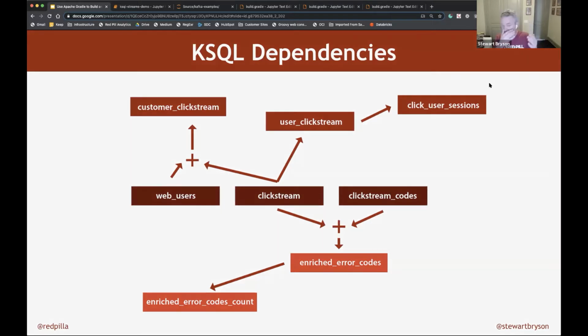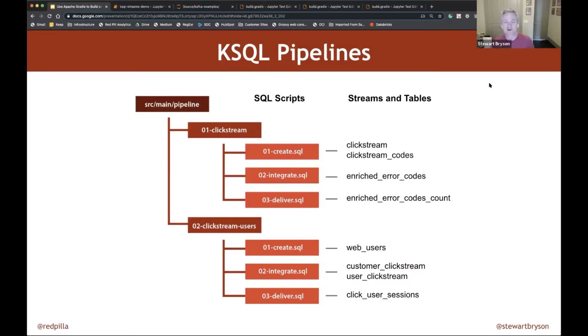So by the way, this is how we structured our Git repo where we put our SQL scripts. So source main pipeline, that's the base directory where we put our SQL scripts. And then you start building directories. Now, in this Gradle plugin that we wrote, that can then take this directory structure and actually do something with it. It doesn't matter what you name it. All that really matters is the alphanumeric naming, right?